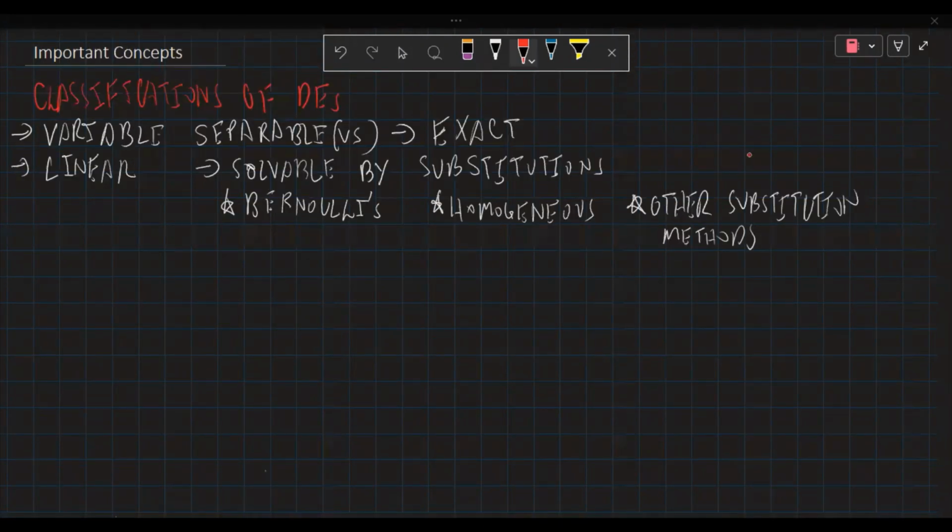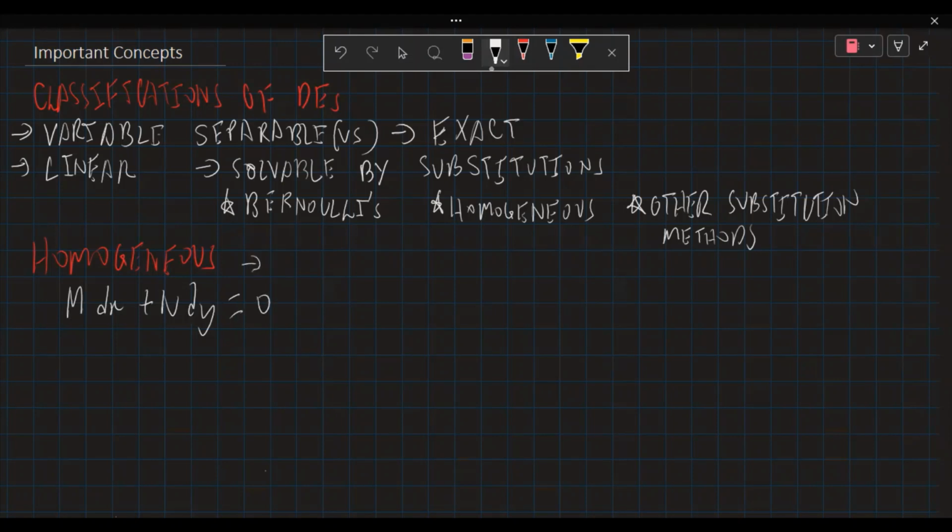So for homogeneous, we have the same structure actually to VS and exact, which is m dx plus n dy equals 0. In this case, homogeneous means that all of the terms are of the same degree.